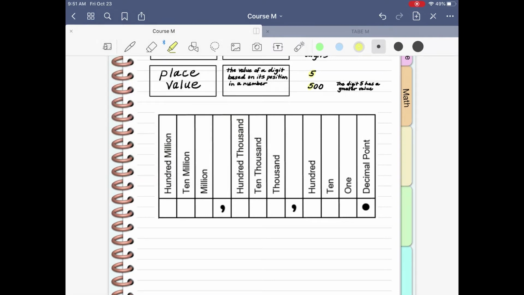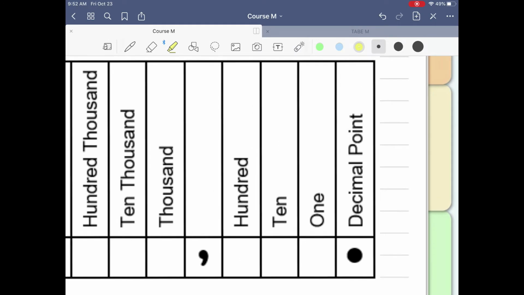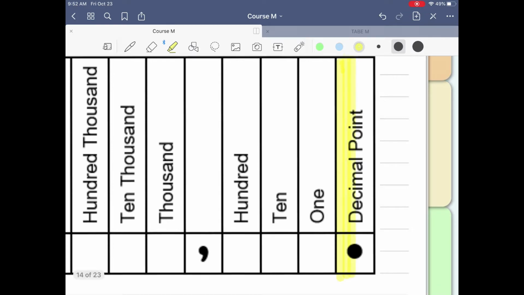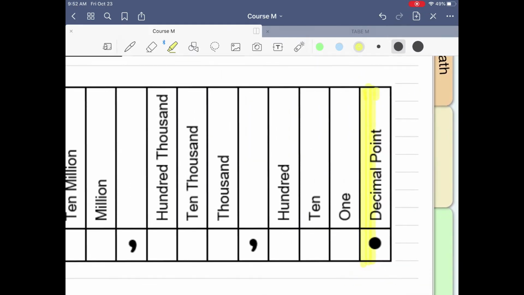So let's take this first piece, and I'm going to have to zoom in a little bit. I'm going to color this decimal point section in yellow. And I'm very much working with coffee in my system, so I'm a little shaky today. Here is the decimal point.